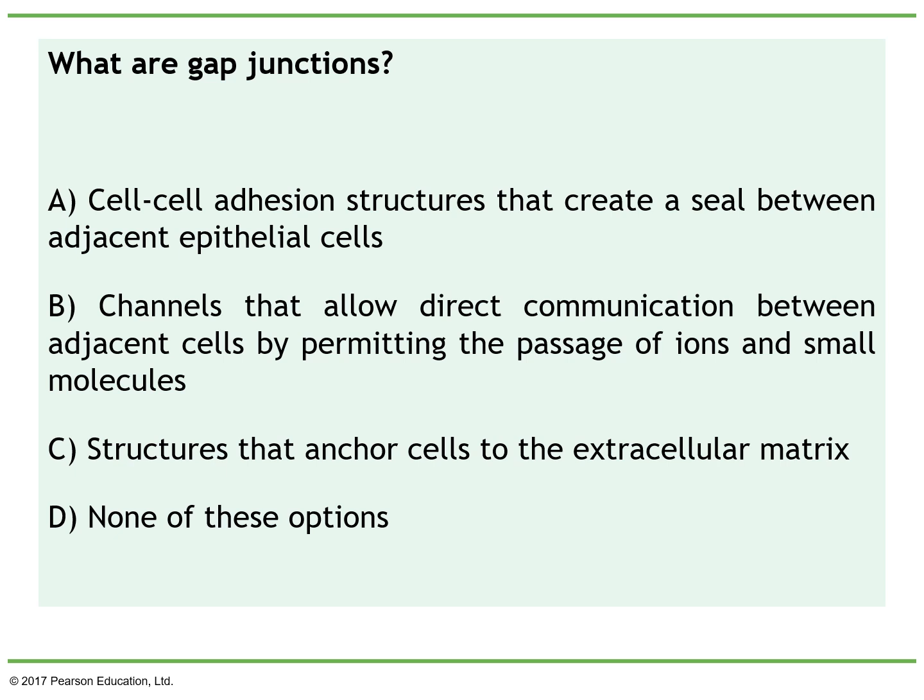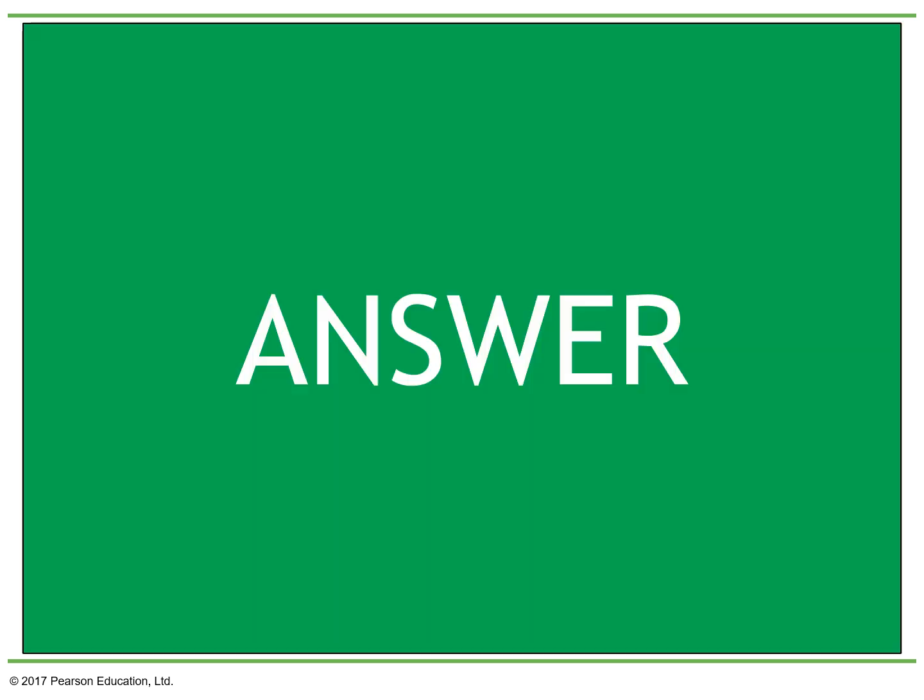B, definitely not D, and definitely a structure that anchors cells to the extracellular matrix. Which one will be that one? That will be an integrin, or a hemidesmosome, yeah, focal adhesion. So this one, and Angus, perfect. So that one will be correct.